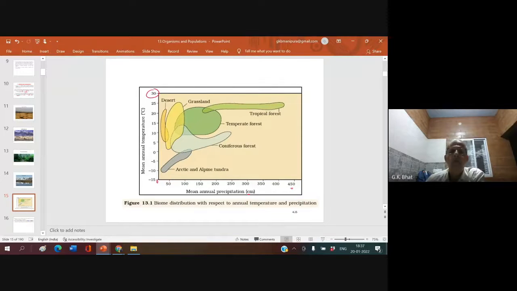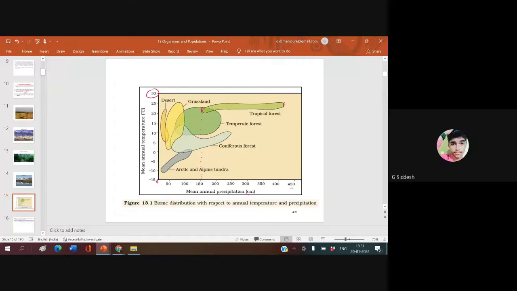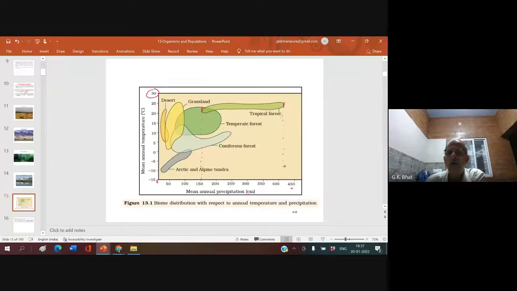So now, if I ask, you have to reply to me. What is the range of the rainfall in the tropical forest? It is from approximately 150 to approximately 425. So what is the temperature?